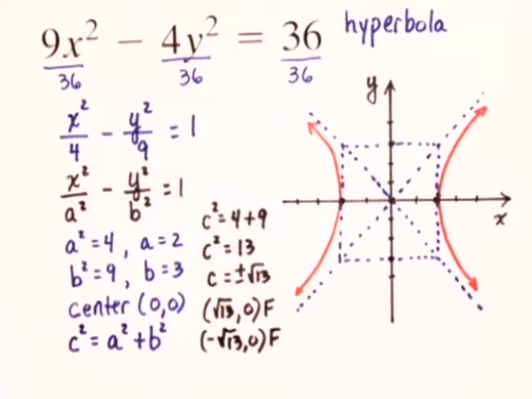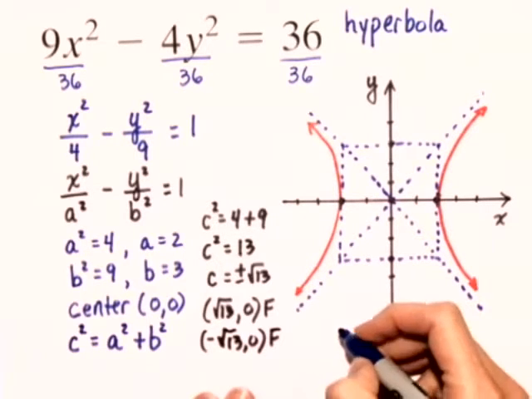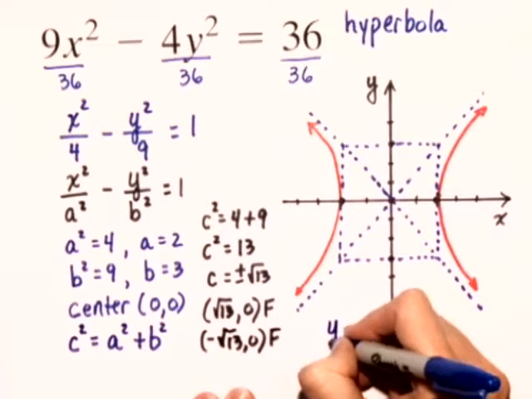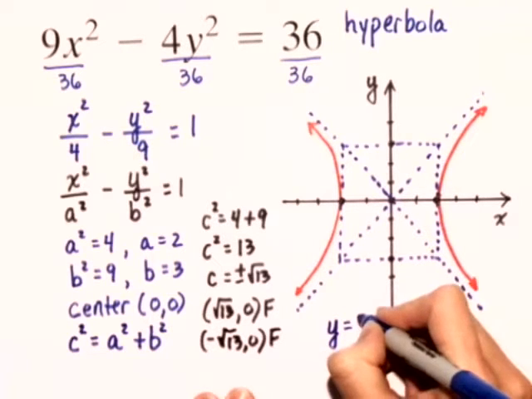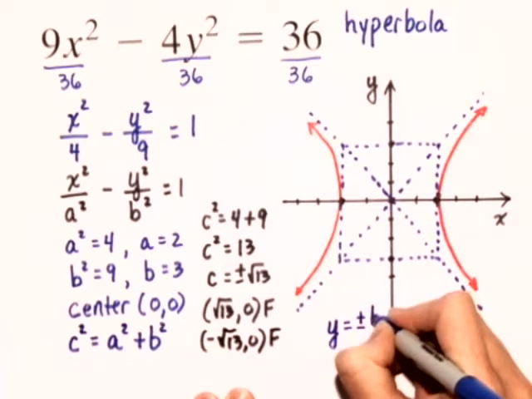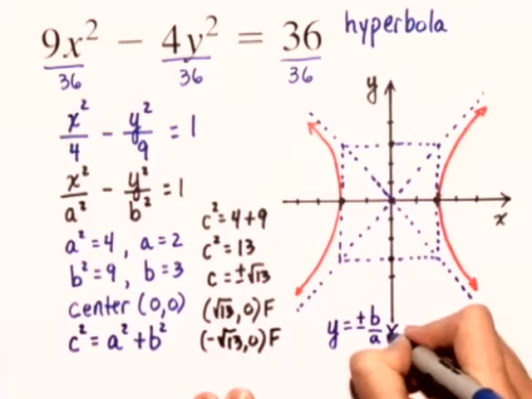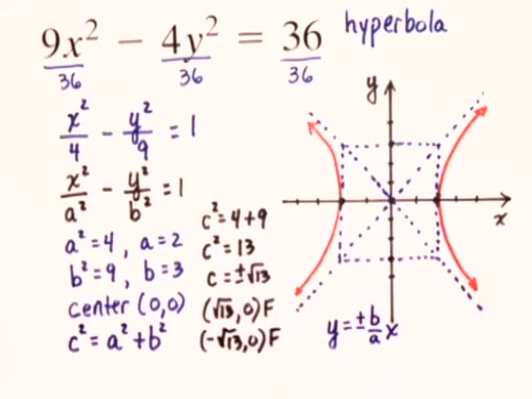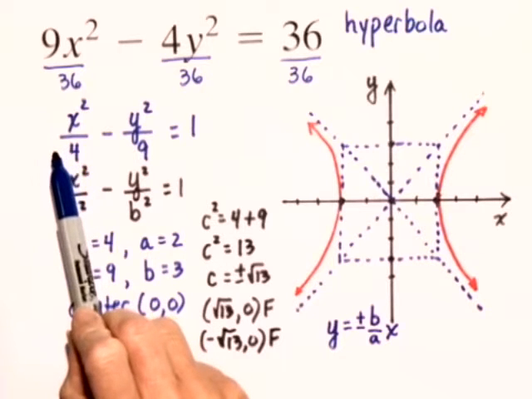So we have asymptotes that are of the form y equals plus or minus b over a times x. We always use these equations for asymptotes, y equals plus or minus b over a x, when our x squared term has a positive coefficient.